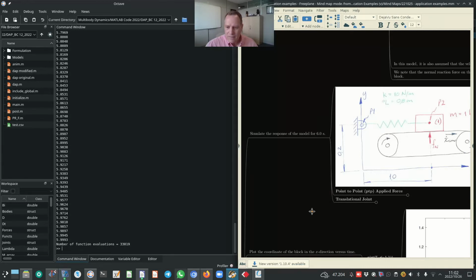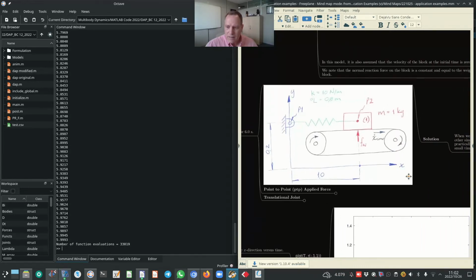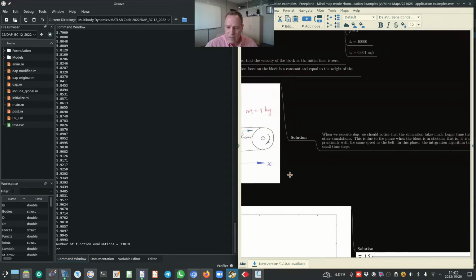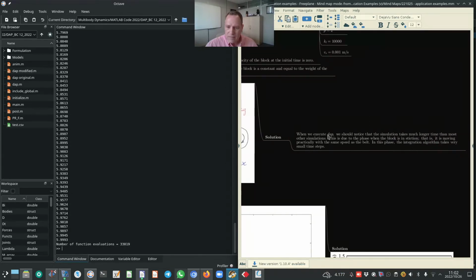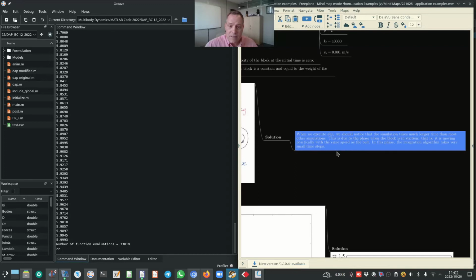And Prof. Nikravesh explains the reason why in his textbook. He's saying that when we execute DAP, we should notice that the simulation takes much longer time than most other simulations. This is due to the phase when the block is in stiction.